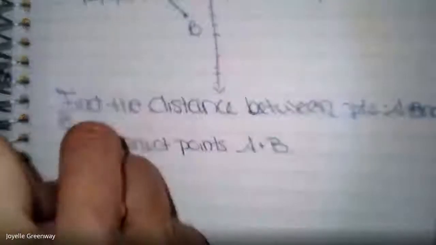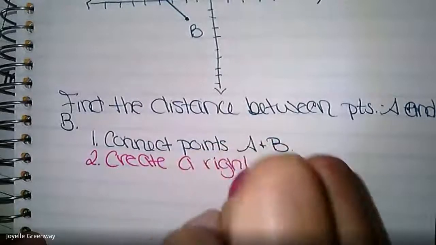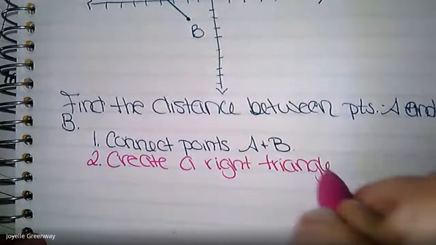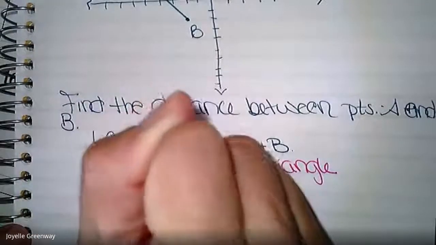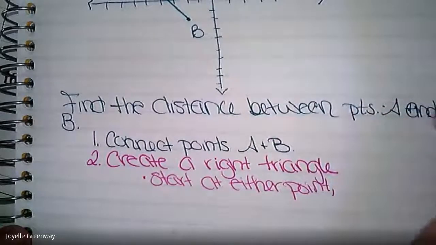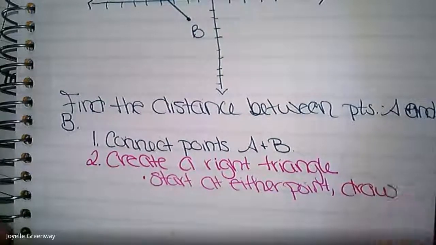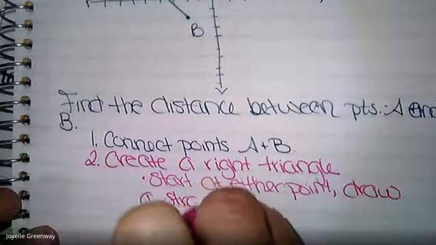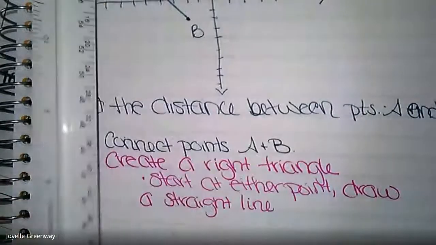Step 2, you are going to create a right triangle. So the way that you're going to do that is you can start at either point, and then you want to draw a straight line until you're even with that point.